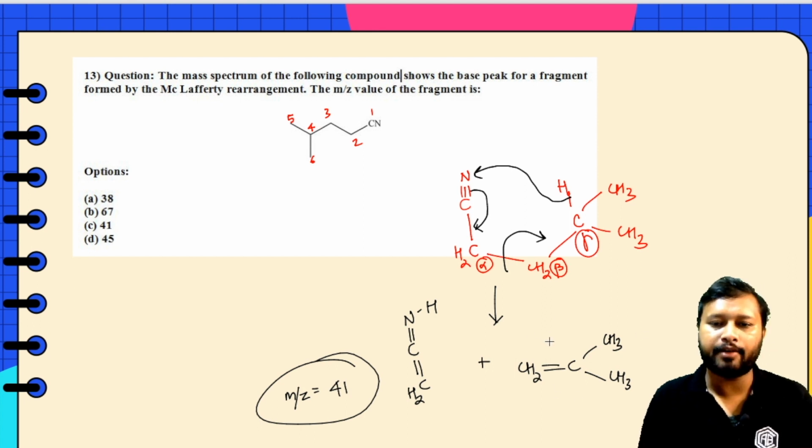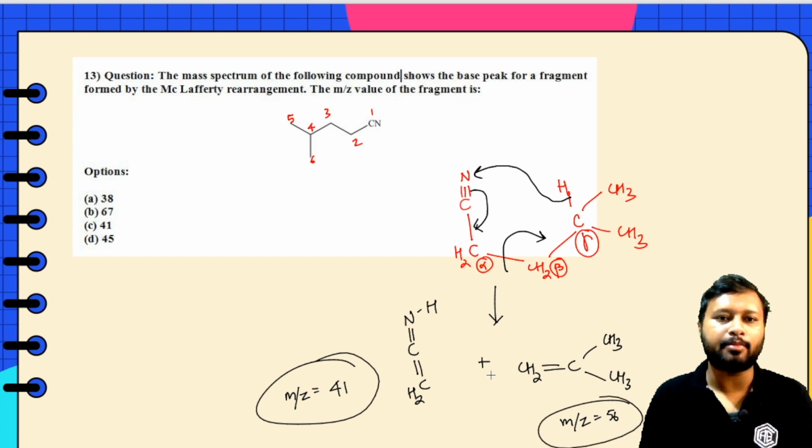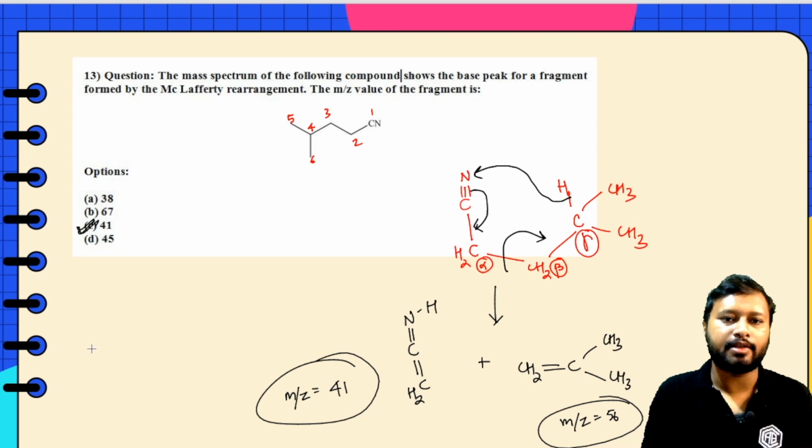For the other fragment, 14 plus 12 is 26, and if you add 30 to that, it makes 56. So this gives m by z of 56. 56 is not in the options, 41 is in the options, so option C is the correct option.